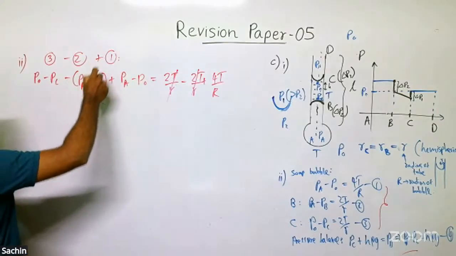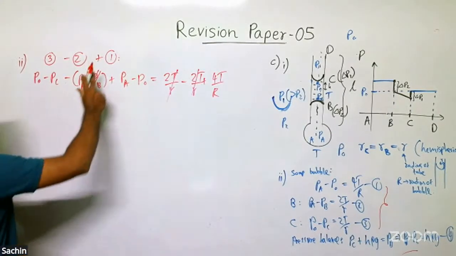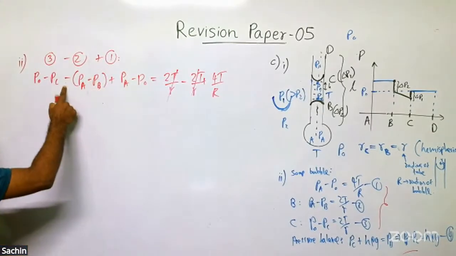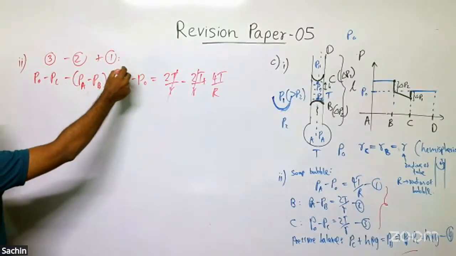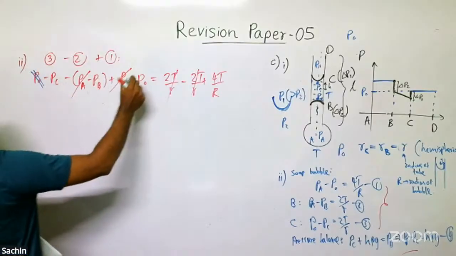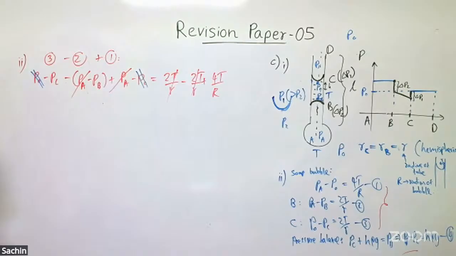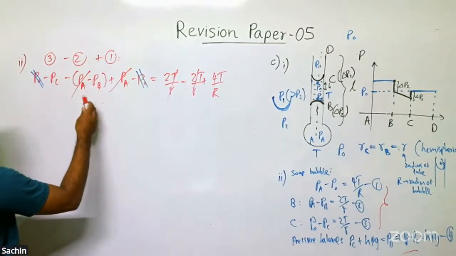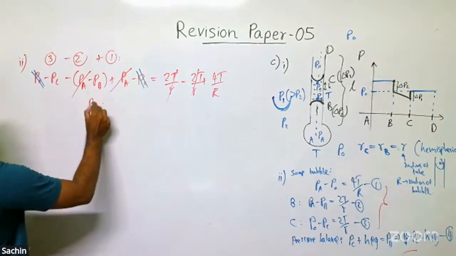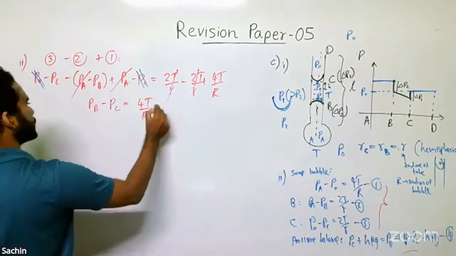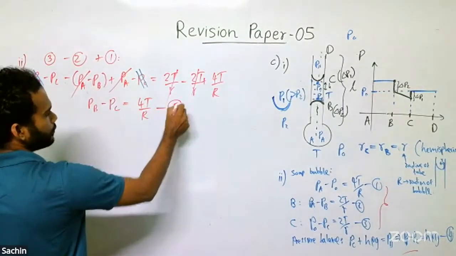Minus minus will be plus. And here there is a minus PA and plus PA. So these two getting cancelled. Again, P naught minus P naught getting cancelled. You see, minus minus plus. So PB minus PC you get is equal to 4T over capital R. This is the fifth equation.